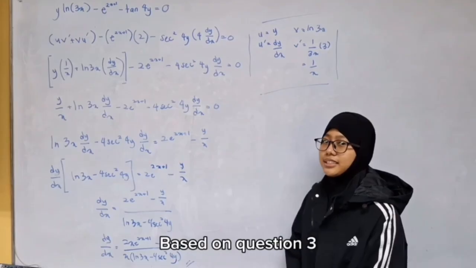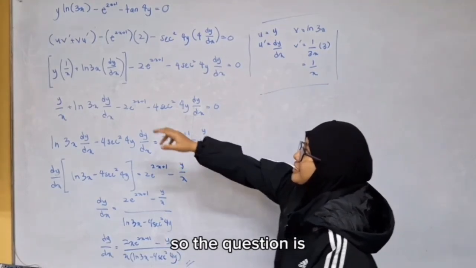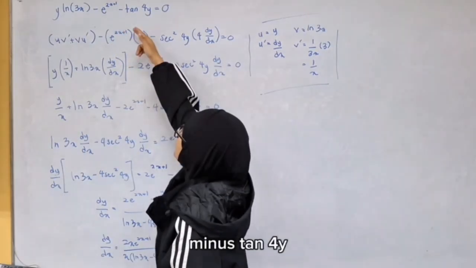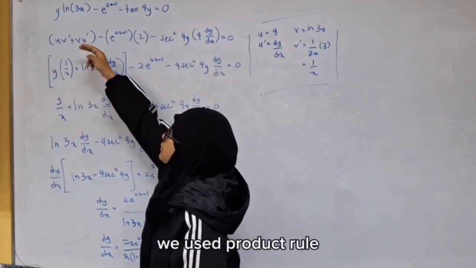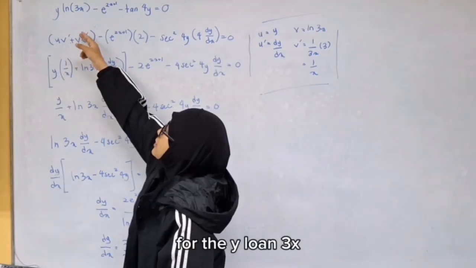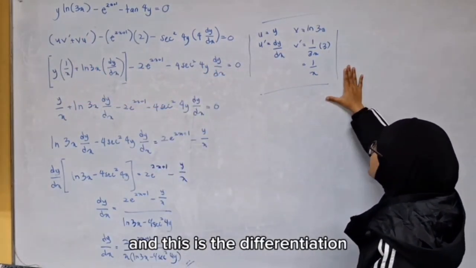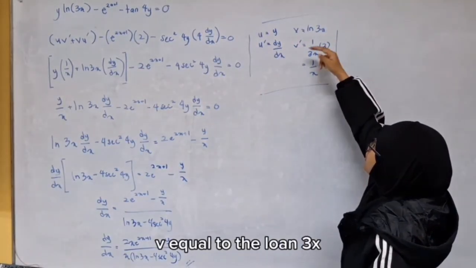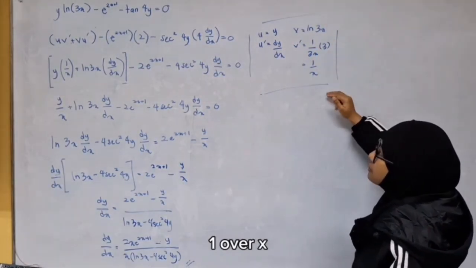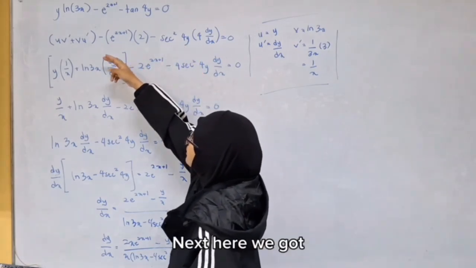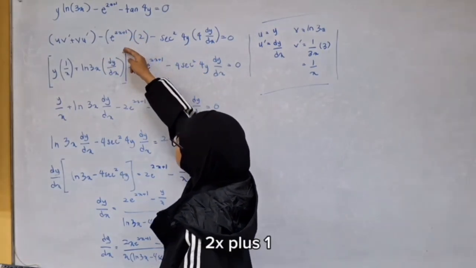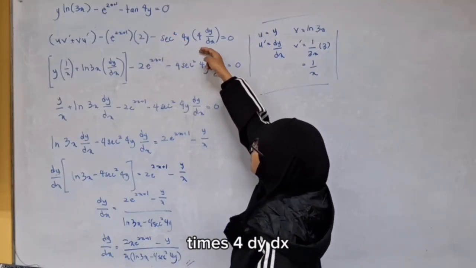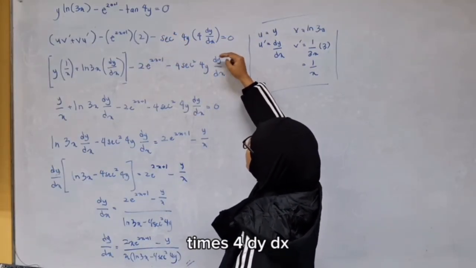Question 3, this is my calculation. So the question is given. Differentiating implicitly, we get x plus 1 times 2 minus sec squared 4y times 4 dy/dx equals 0.